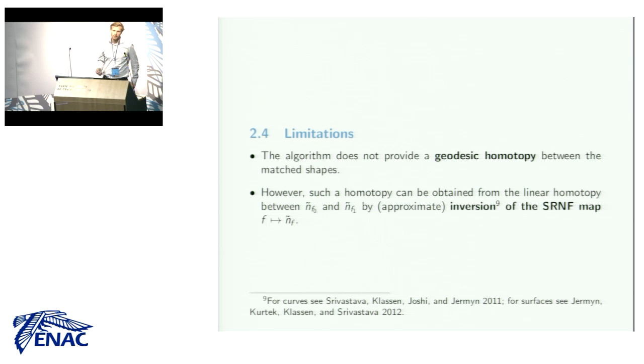If you run this algorithm, what you actually get is not a geodesic homotopy, but just the initial template and the matched surface. And if you want to extract a geodesic homotopy from this, you need to invert, or at least approximately invert, the square root normal field map, and there's quite a bit of literature on this, a couple of references down there, and this is actually also how we produced some of the images that I showed you before.